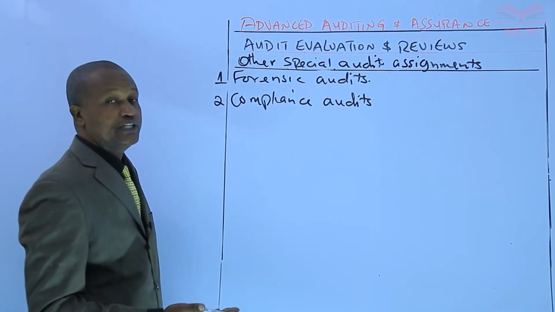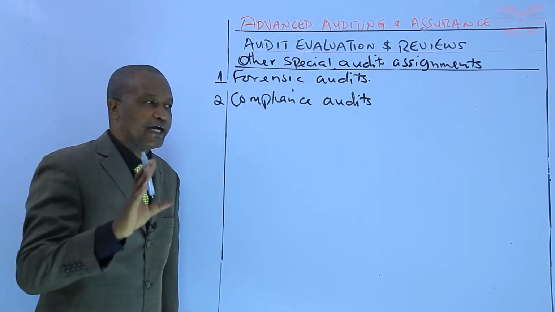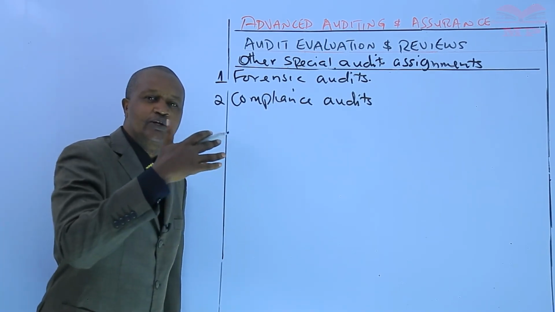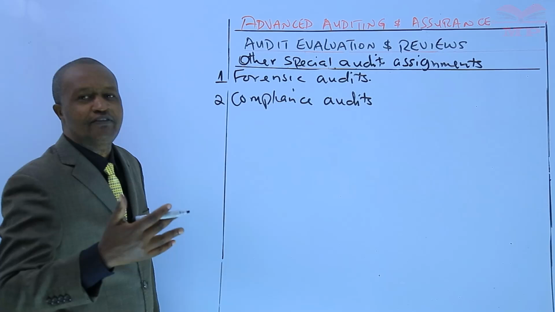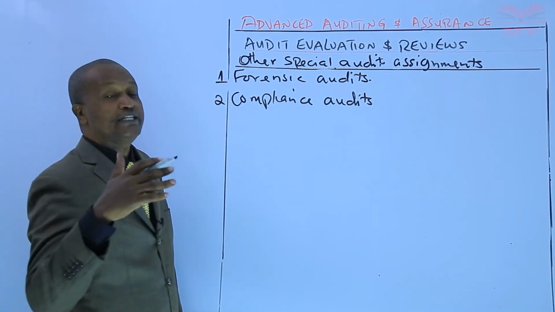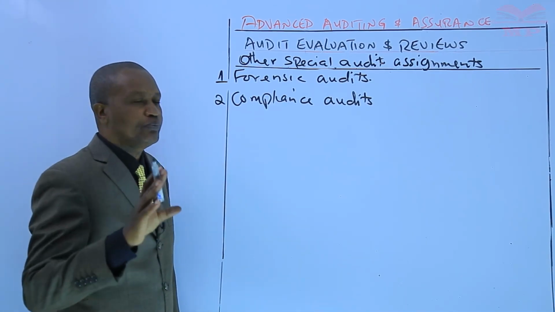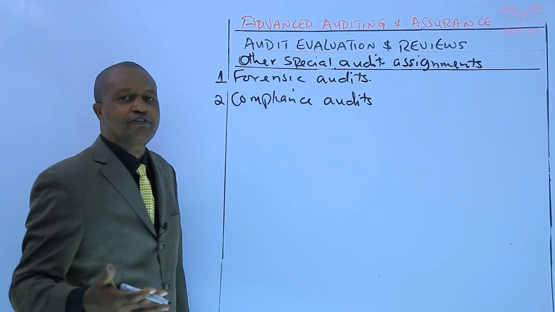And these audits ensure that the organization is complying with relevant requirements and may cover areas such as environmental regulations, data protection, financial regulations, and occupational health and safety standards.